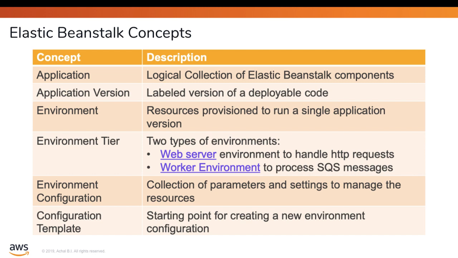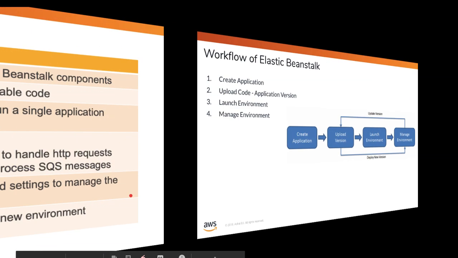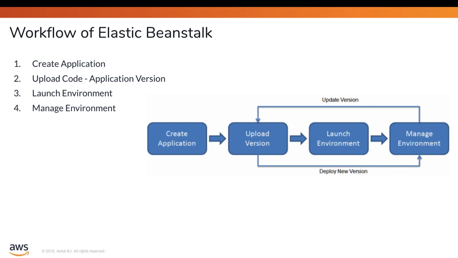So environment configurations are basically collections of parameters and settings to manage the resource, and a configuration template is the starting point of creating a new environment configuration. So you need to use a configuration template to create environment configurations. Here's a simple workflow.